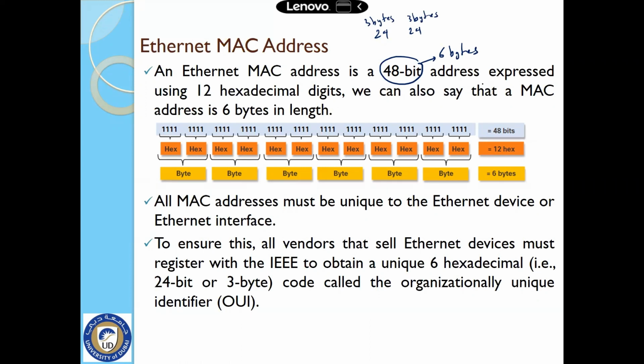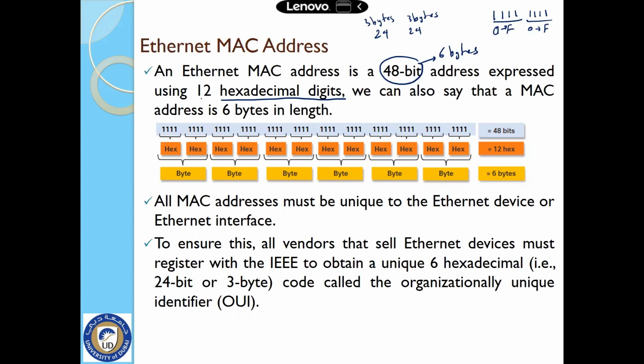This is usually expressed in hexadecimal digits. Now why 12? Because remember, each byte is represented by 2 hexadecimal digits. The byte is an 8-bit number, and when you group each 4 bits, we get any value between 0 and F. That's the hexadecimal number system. I'm sure you are aware of it.